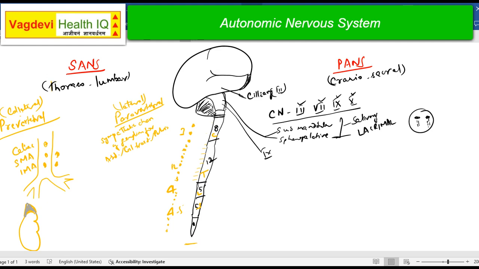The sensory part will be different: it will be related to the pharynx, the sinus, the posterior one third of the tongue, and the ear cavity, famously the Eustachian tube also. And special sensory, you know very well, is the sensation of taste from the posterior one third of the tongue.